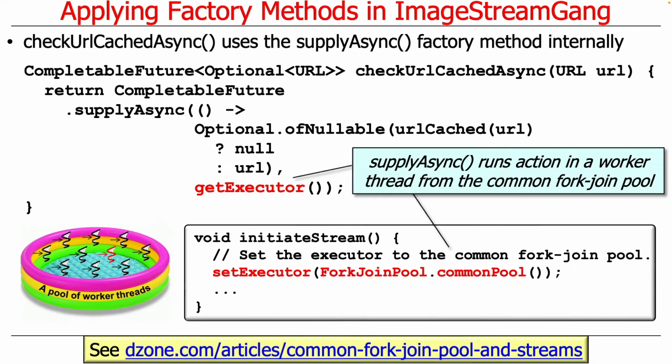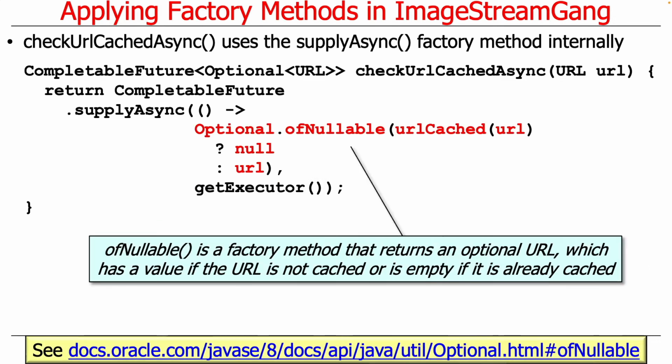Now, in this particular example, we're just setting the executor to be the common fork join pool. But we can change this to some other pool, and a different implementation does change it to a different pool if we want to experiment with the benefits of using other types of thread pools besides the common fork join pool. Most likely, the common fork join pool is what you need, but if you want to change it, you can.